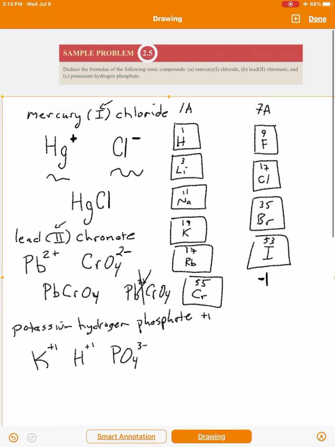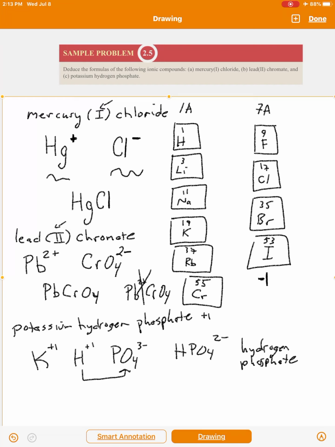In fact, this together is called hydrogen phosphate, and it's considered a polyatomic ion. I didn't spell that right, phosphate, okay? Hydrogen phosphate is HPO4 2-, and it's a polyatomic ion that's formed from the hydrogen ion and the phosphate ion, but it's called hydrogen phosphate.